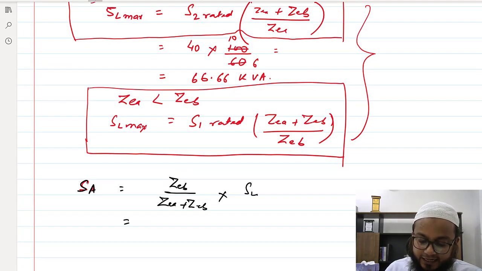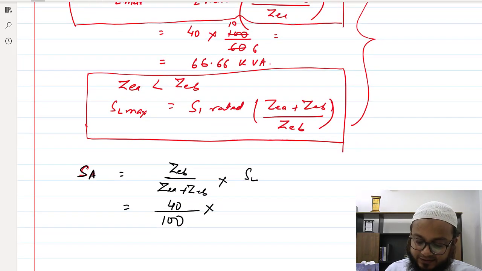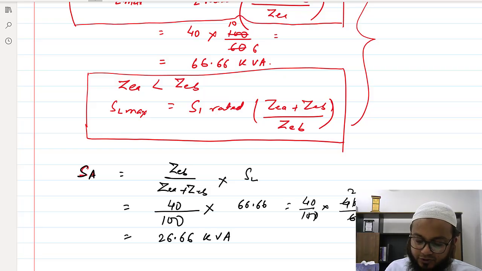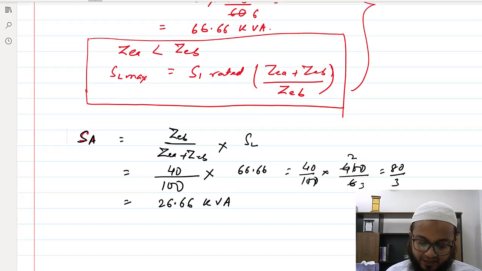And here ZEB is 40 upon 100 into SL, which is 66.66. That is 40% of this, right? And this will come out to be 26.66 kVA.